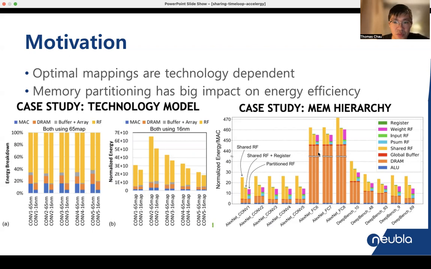Furthermore, changing hardware configuration, such as adding multiple levels of storage, can improve energy efficiency. For instance, as shown in the diagram here, adding an individual register to each PE or adding partitioned register files that are carefully sized for a specific dataflow can improve energy efficiency. And all these kinds of cases can be modeled by the tools that are proposed by this paper.